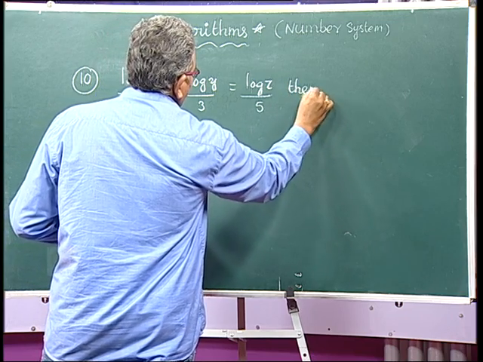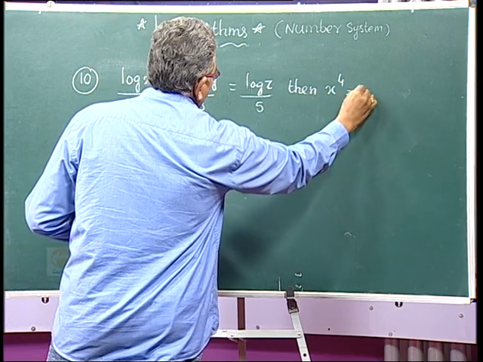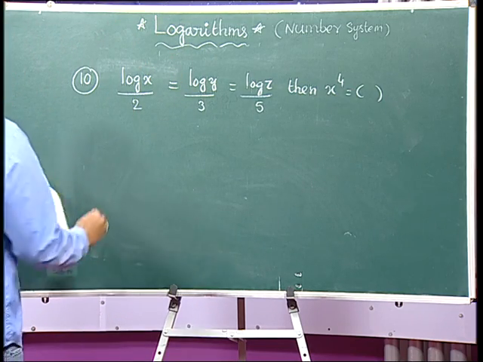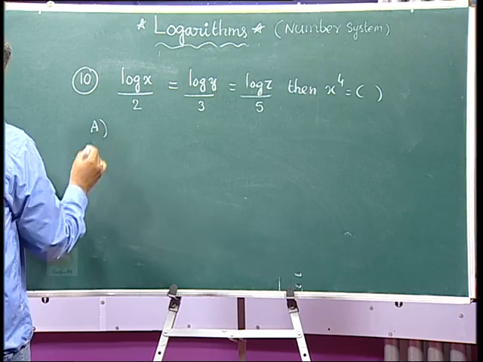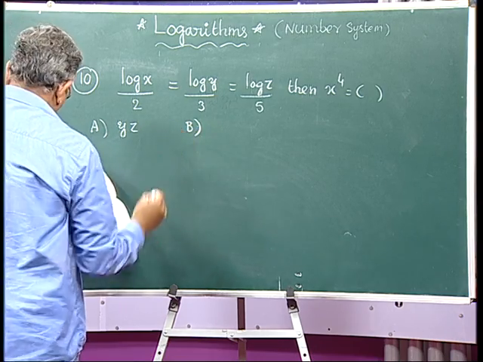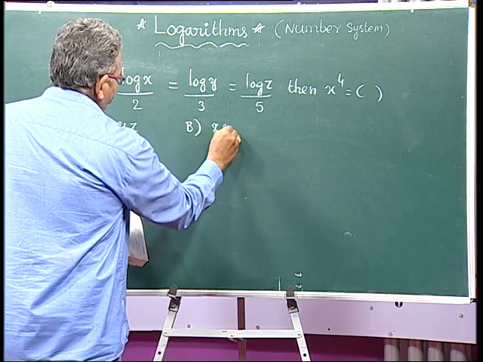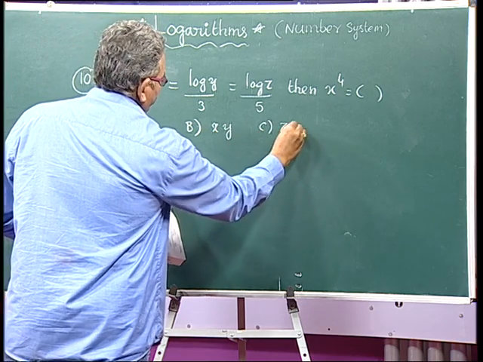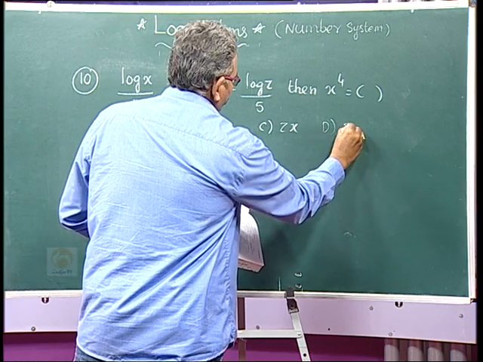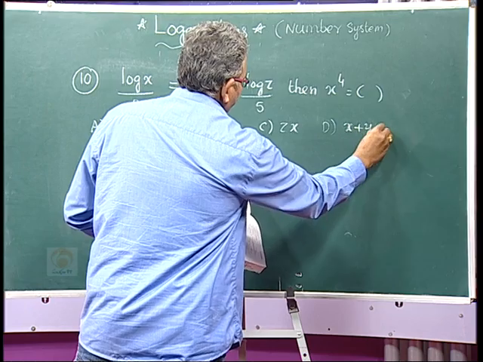Then x power 4 equals to: a, y z; b, x y; c, z x; d, x plus y plus z.